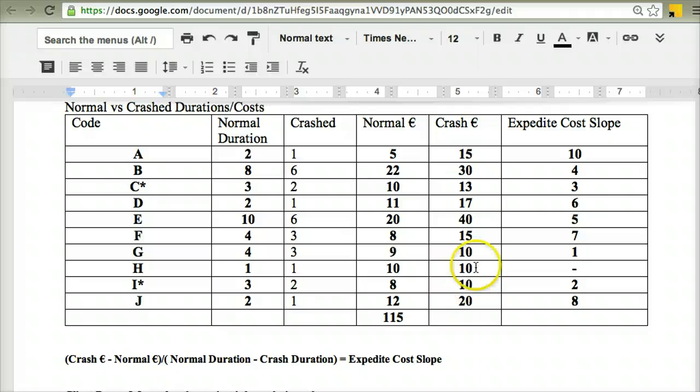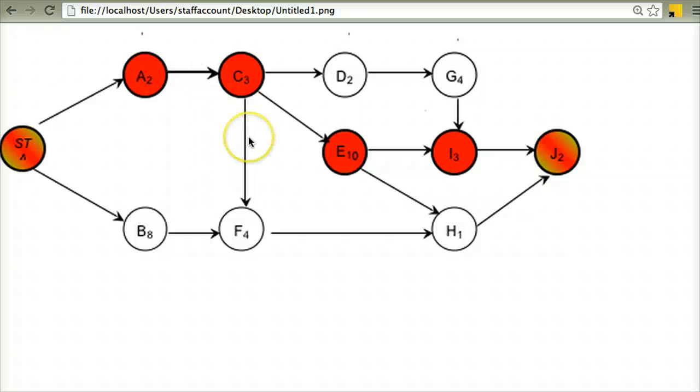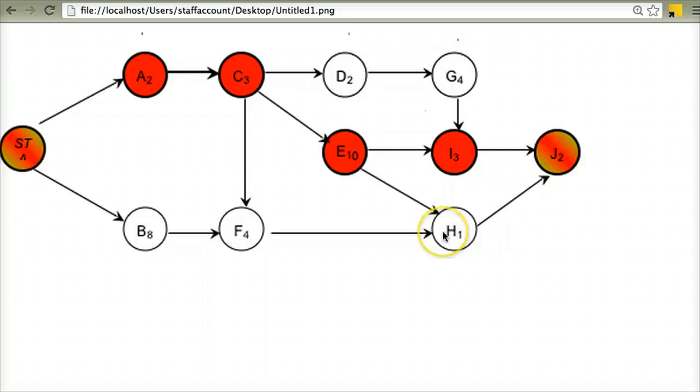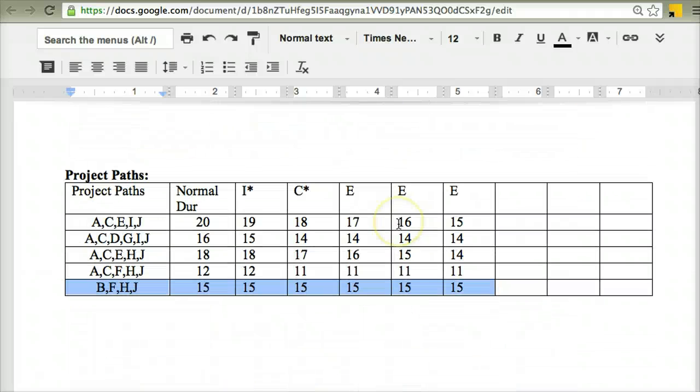Option number 2 is, again, if I look at my project network diagram, and rather than crashing J, if I pick one activity on each of the different paths and crash them both simultaneously, then that would have the same effect. So for instance, if I were to crash activity B, which is on this lower path, and activity E, which is on the original critical path, and if I was to crash them both simultaneously, the effect on my project paths will be similar.